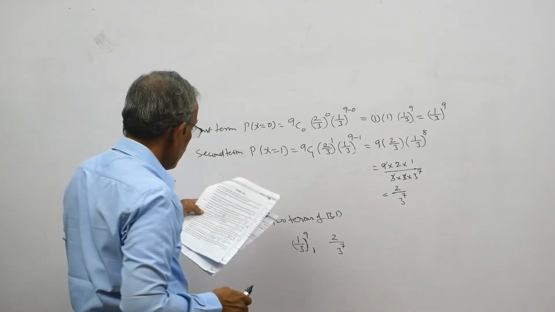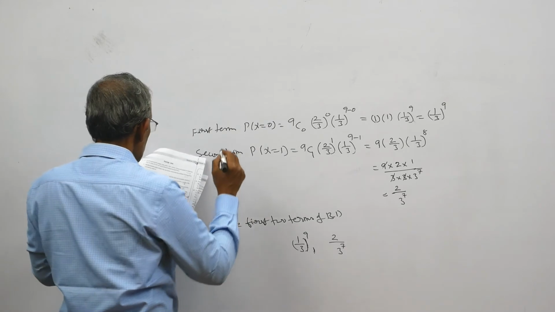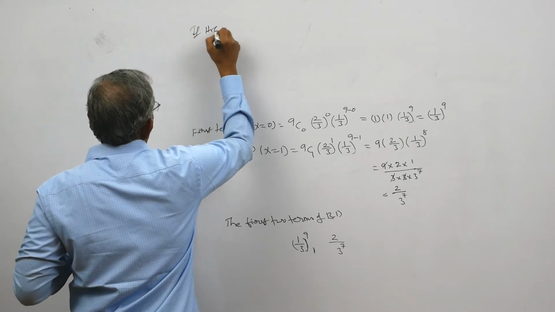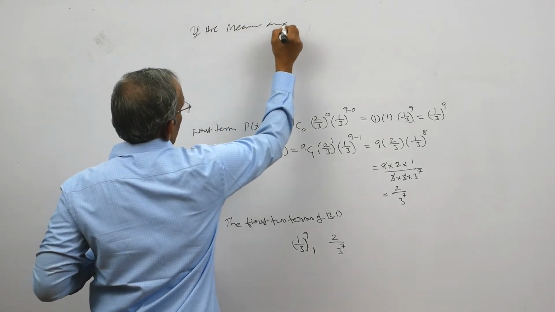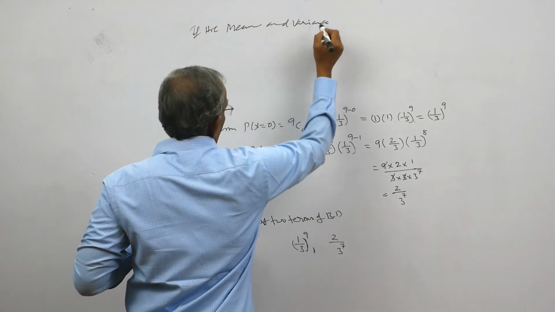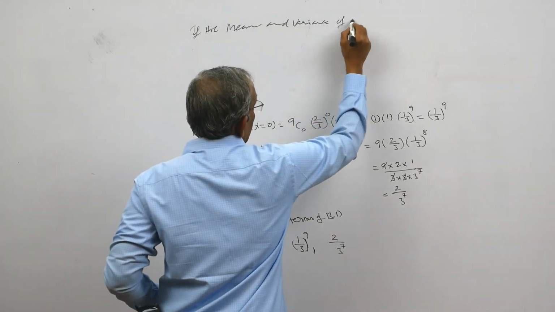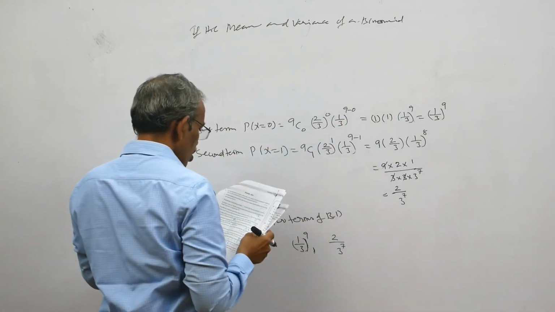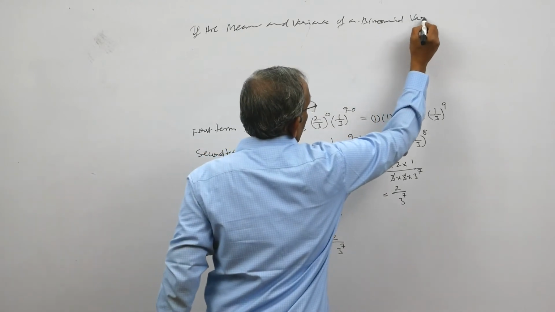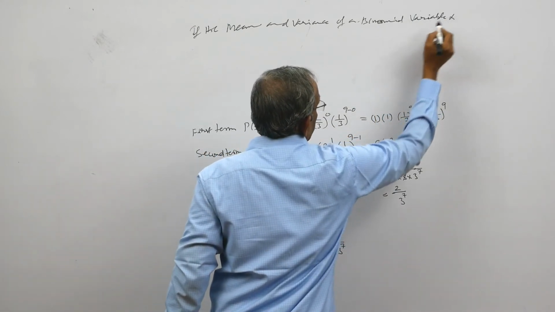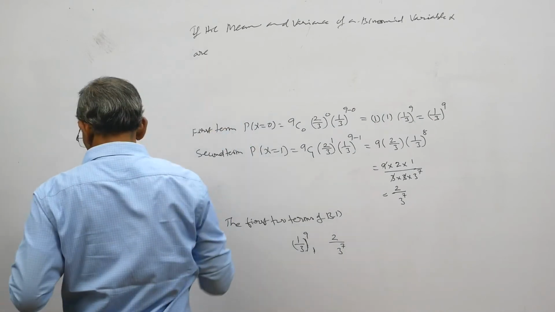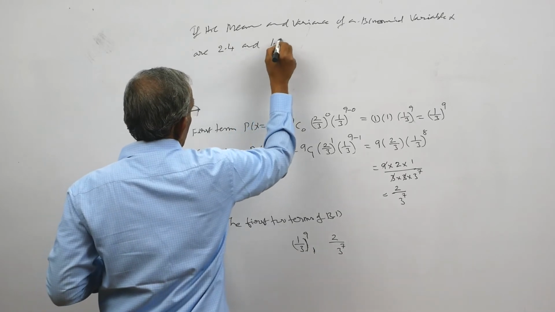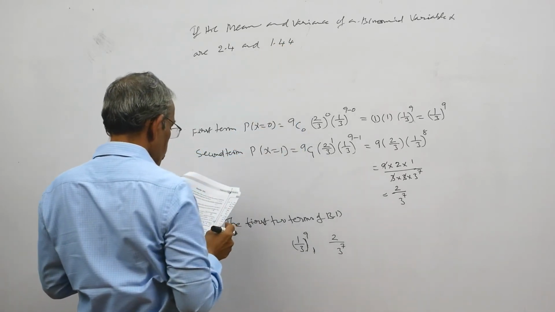Next problem, if the mean and variance of a binomial variable x are 2.4 and 1.44 respectively.